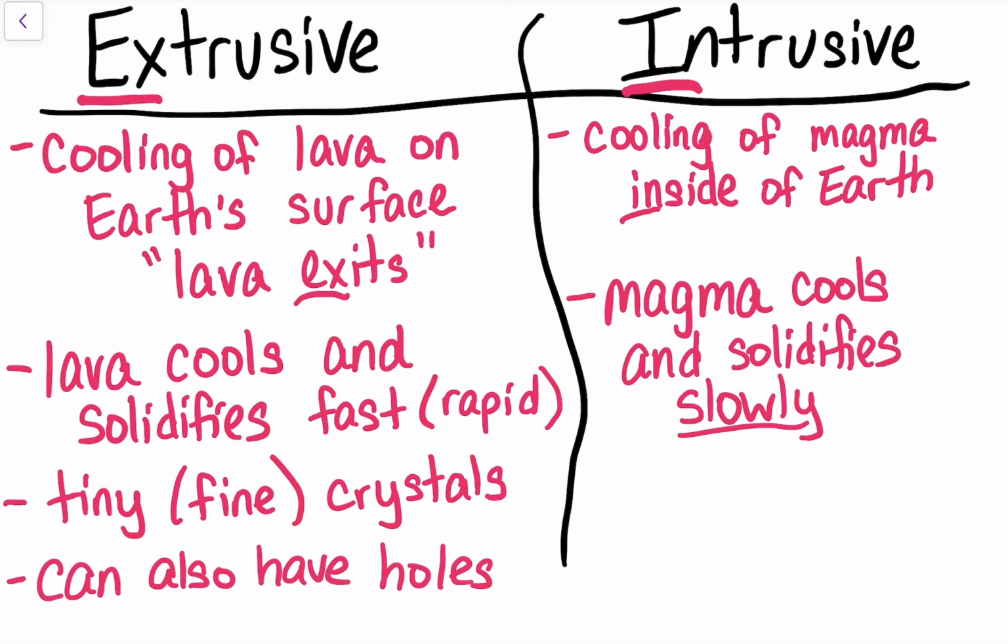The magma cools and solidifies slowly. And because this is a very slow process, these rocks are able to form very large crystals. So if you look at a rock that is an intrusive igneous rock, you can see with your eye, without using a microscope, the large crystals in the rock.